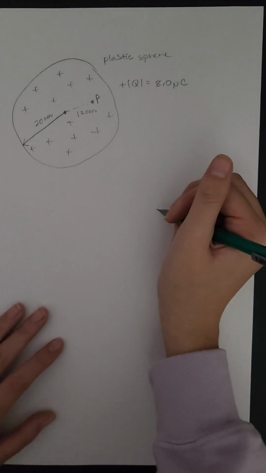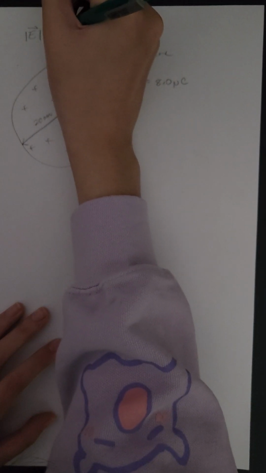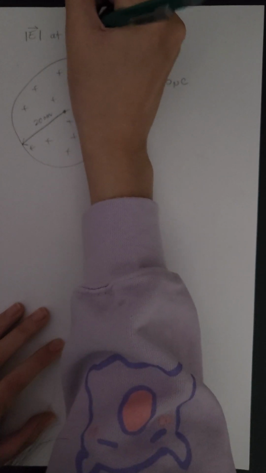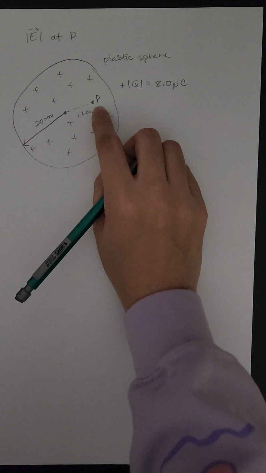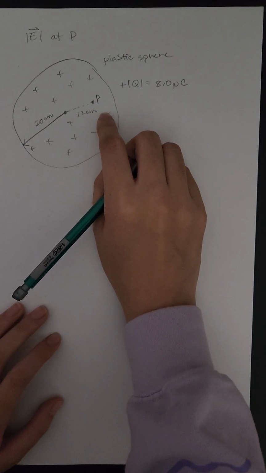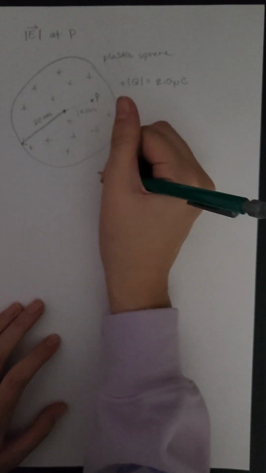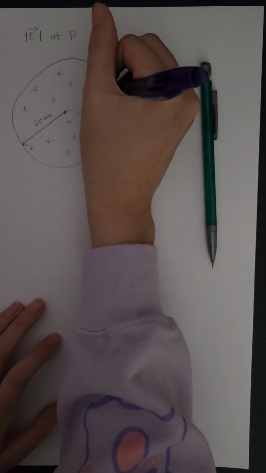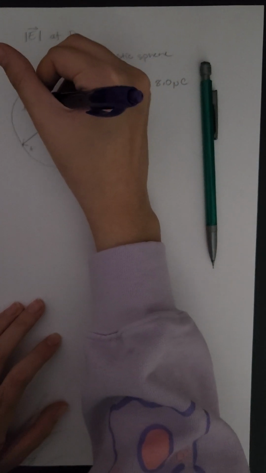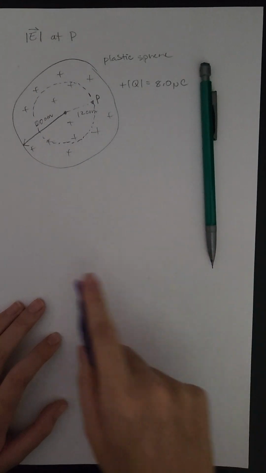And to find the electric field at P, which is inside the plastic sphere of charge, we use Gauss's law. To use Gauss's law, we need to draw a Gaussian surface that passes through point P, like this.